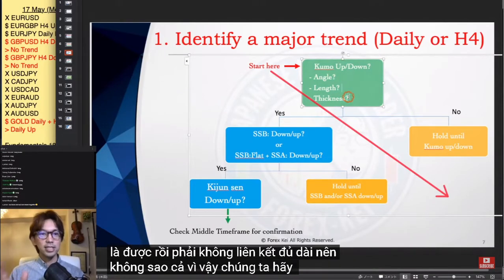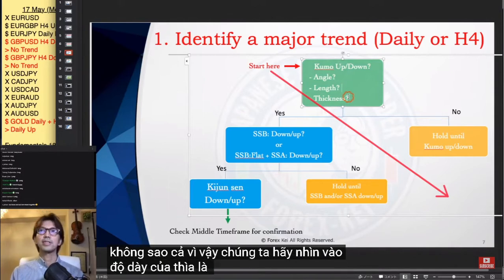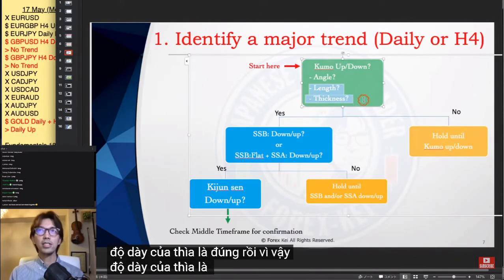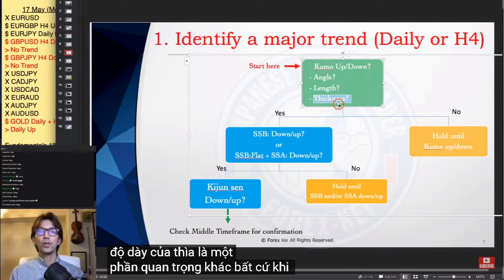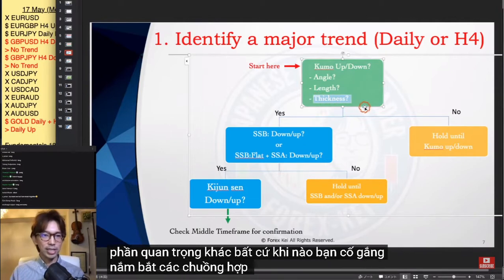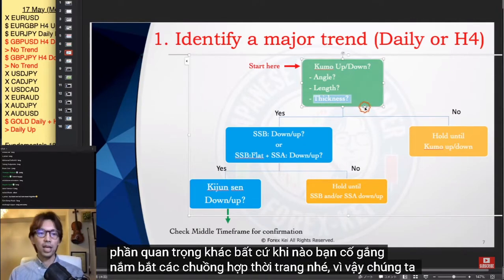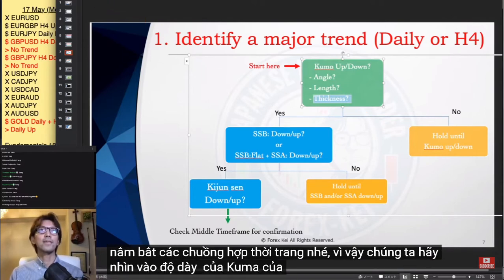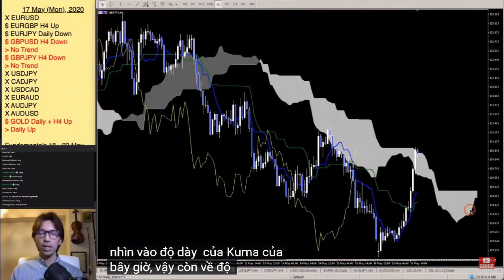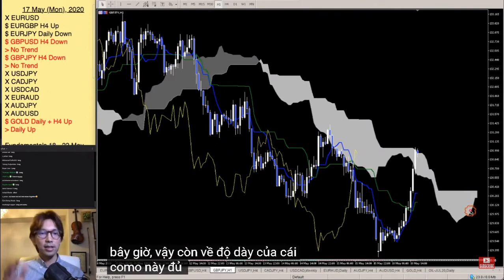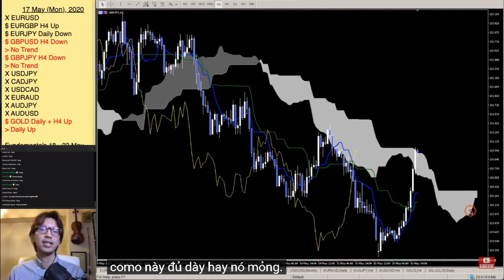So let's look at the thickness of the Kumo. The thickness of the Kumo is another important part whenever you try to capture a stable trend. Let's look at the thickness of the Kumo as of now. Is this thick enough or is this thin? Which one is your call?